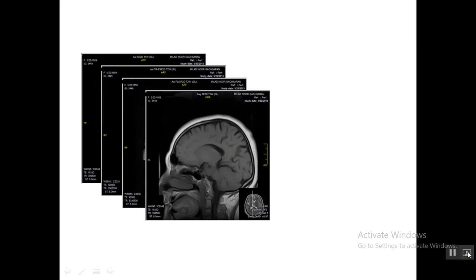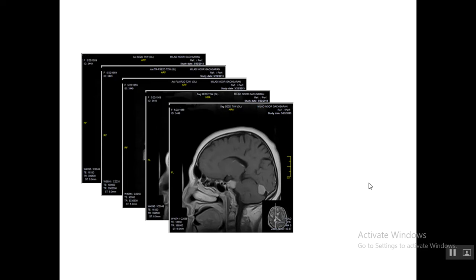Yes, in this case, as you know, we should get a post-contrast study to obtain a better diagnosis and to detect the abnormal finding. And here, when this is shown, you can see the abnormal finding very obviously.